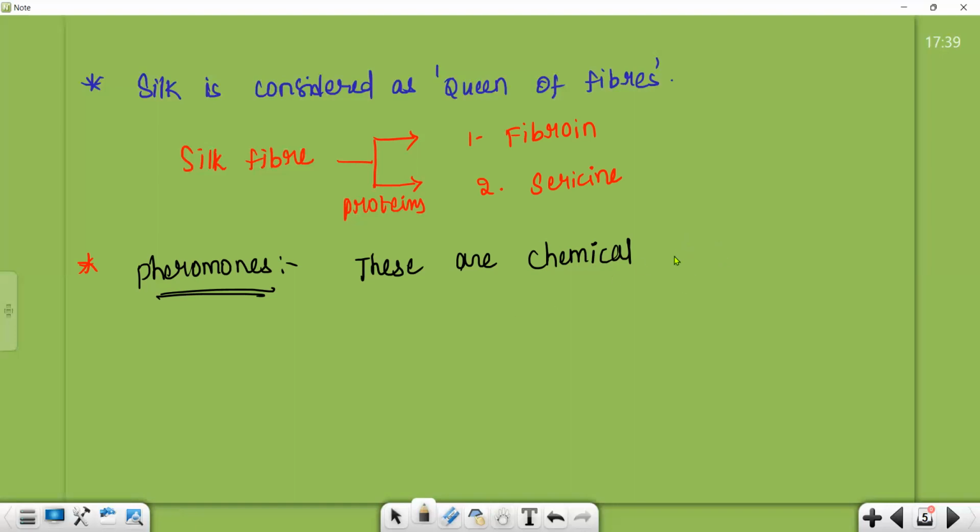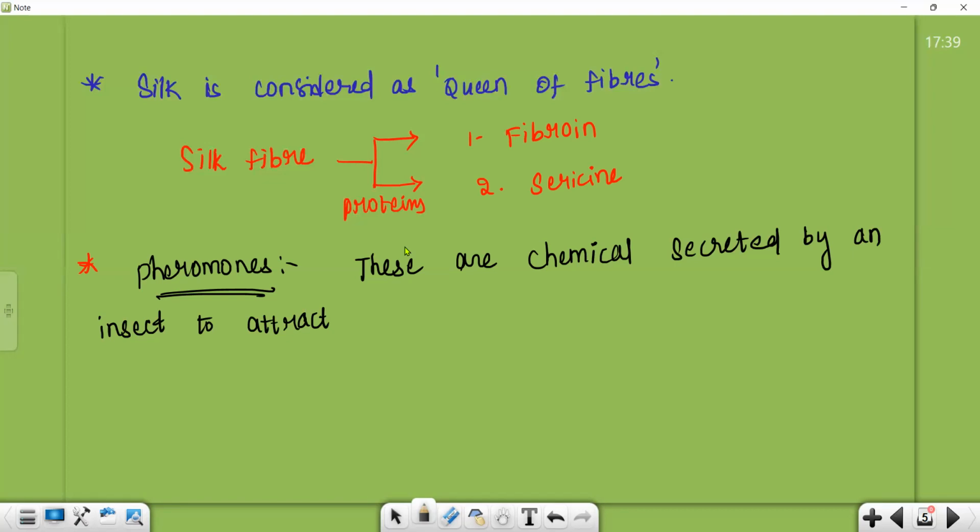So these are chemicals. Ma'am, do they give some sounds also? I don't have any idea about the sounds of insects. To attract, suppose there is a peacock. How will it attract? By opening its feathers, right?